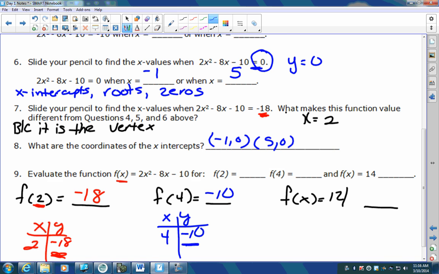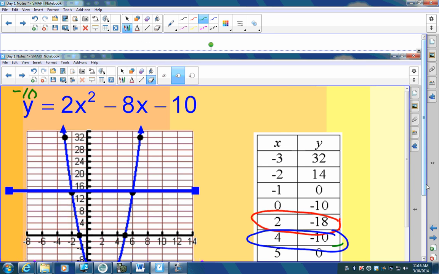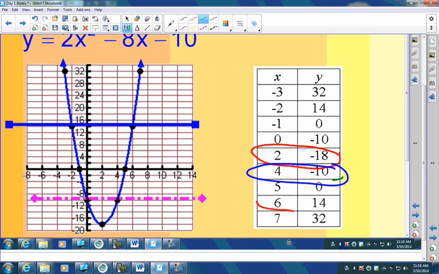All right, now how is this one different? We're trying to find the x number on this one. Remember I told you that f of x equals is the same as y equals? This is saying y equals 14. So when y is 14, what is your x number? You guys are giving me two different numbers.